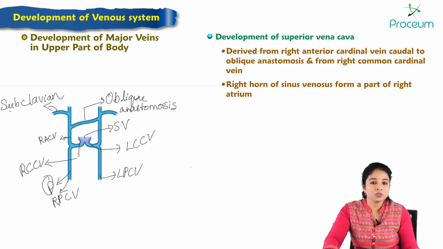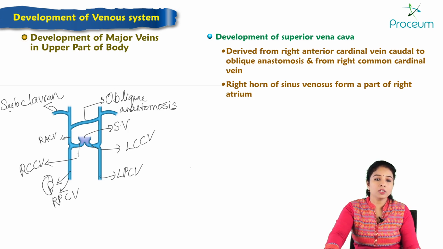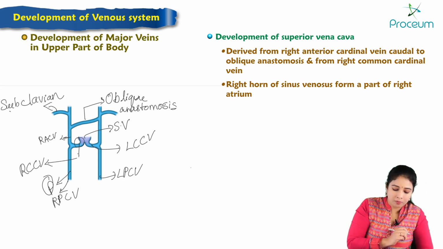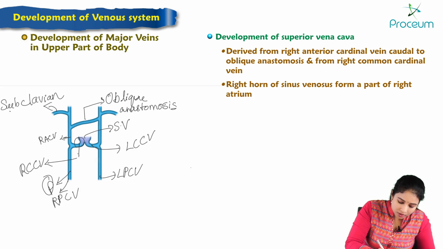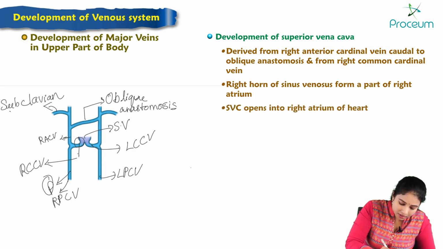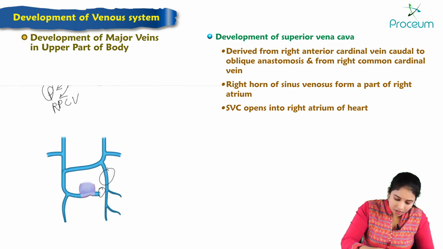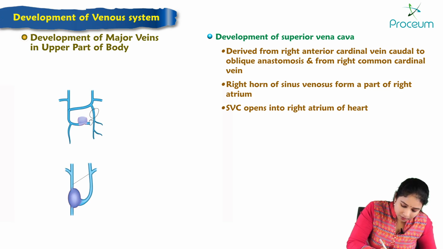So, the superior vena cava opens into the right atrium of the heart. This right horn will form part of the right atrium, so that this superior vena cava, that is the right anterior cardinal vein which is existing here, opens into the right atrium of the heart. So, we can see the further development.